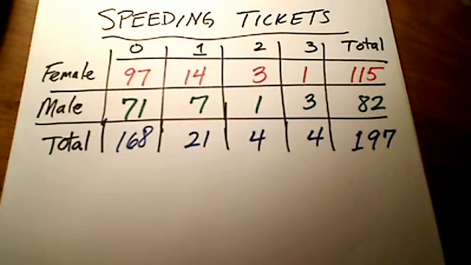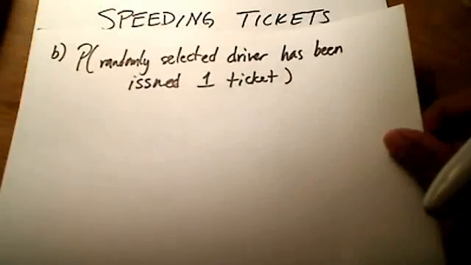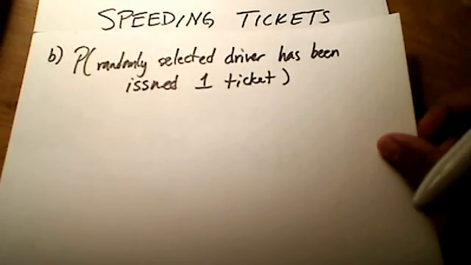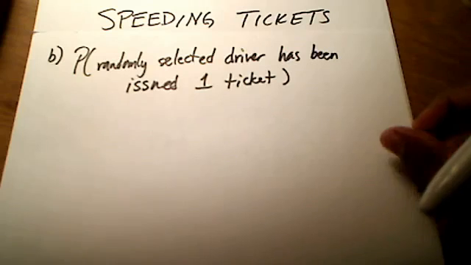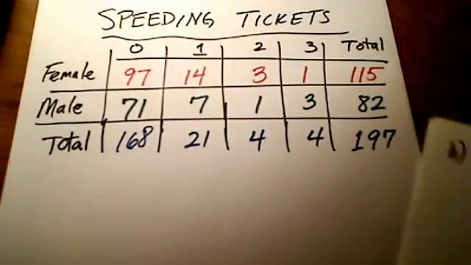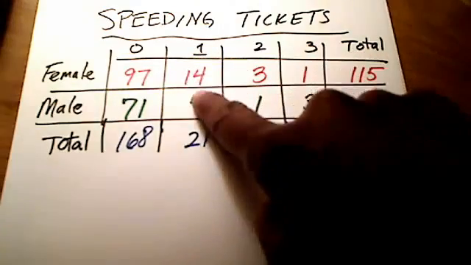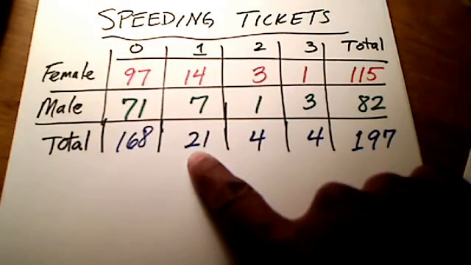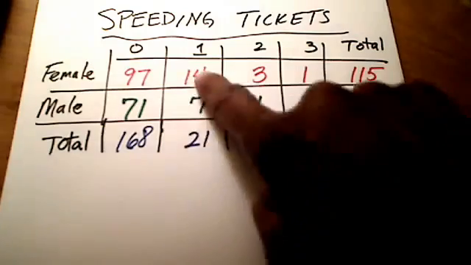Okay, slightly different question now. What's the probability that we randomly select a driver and that driver has been issued 1 ticket, and only 1 ticket? So we're looking for this one right here. It's not the rows this time. Male or female, it doesn't matter.